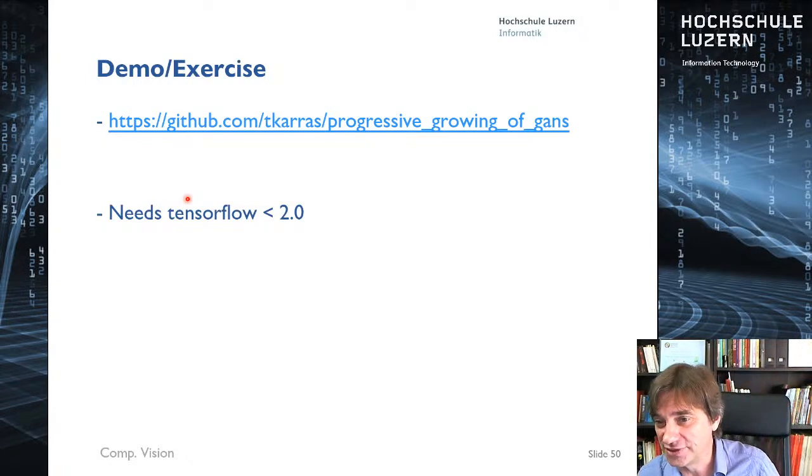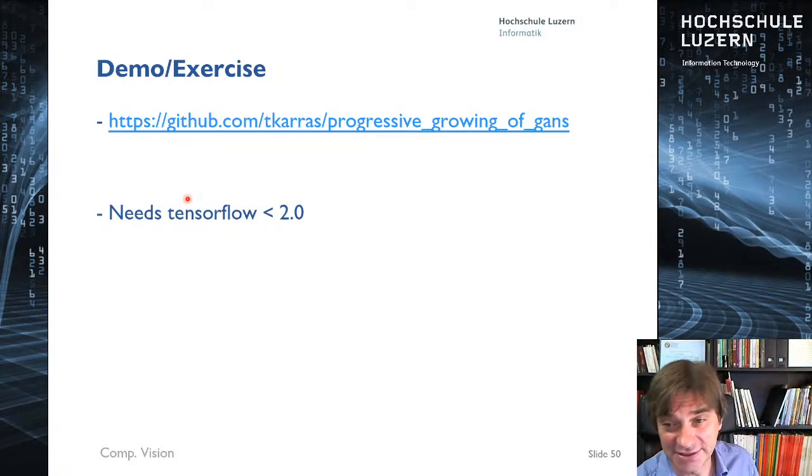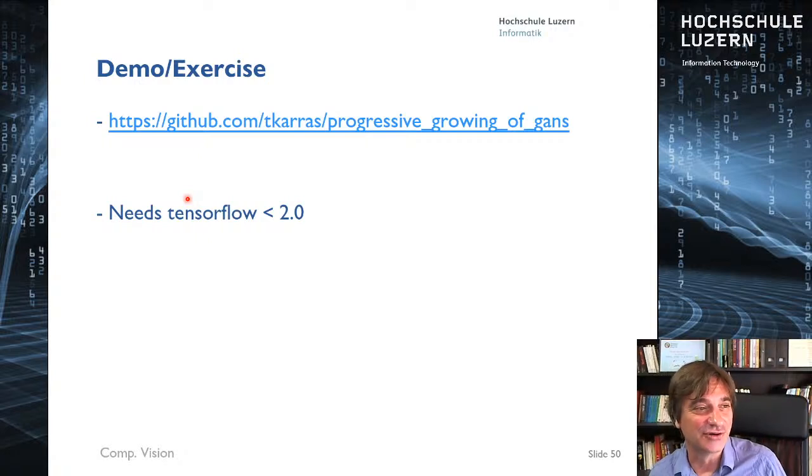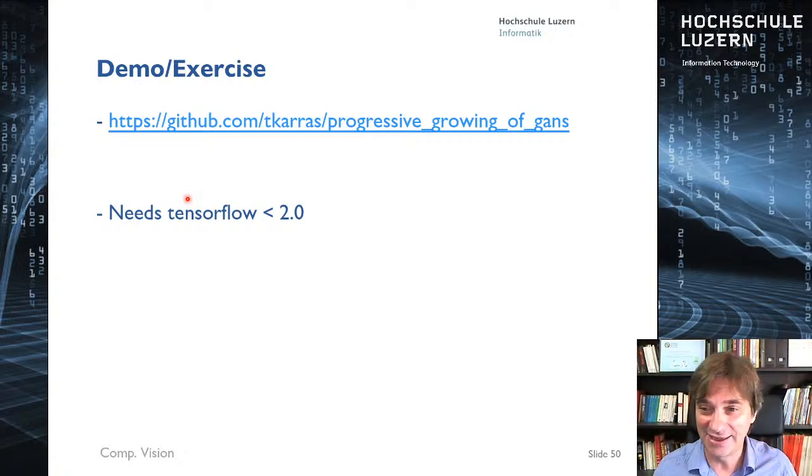The idea was for today also another demo or exercise that you could try out for yourself. Unfortunately, when I tried it out again, I had shut down my Conda environment, so I didn't get it running.